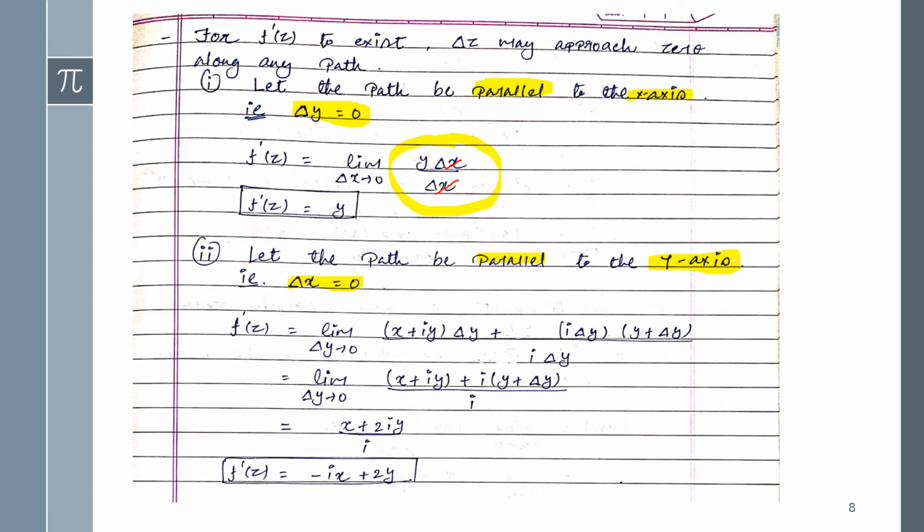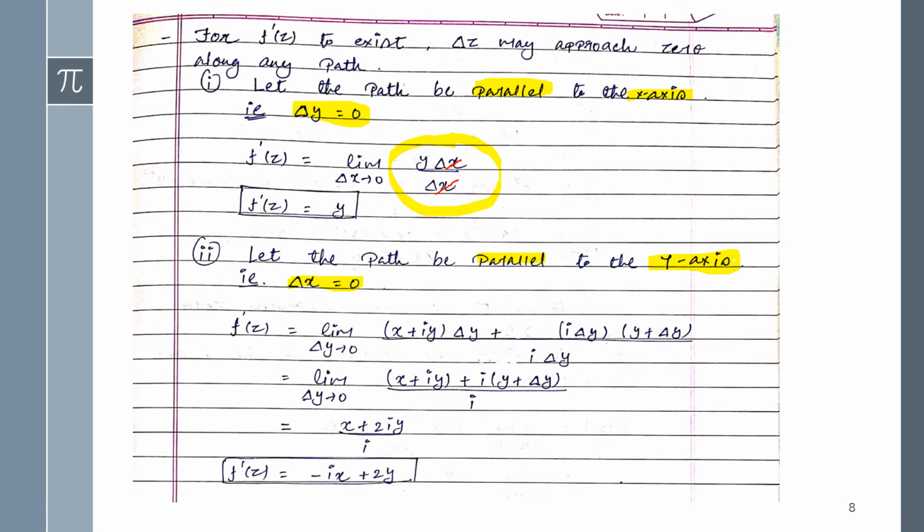so the remaining term will be y. Now the same we will apply for parallel to y axis, and if we apply parallel to y, then its x coordinate will be 0. In the last slides we have written the last step, or you might have written one more step regarding opening the brackets.